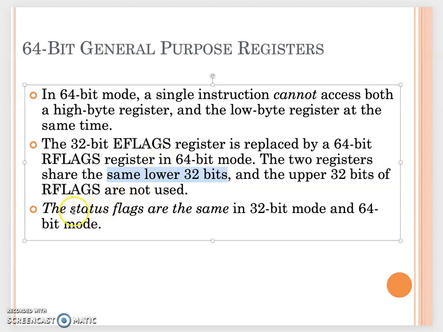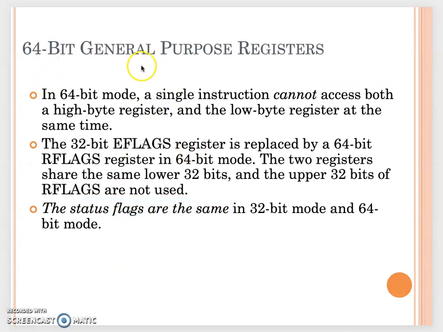So the status flags are basically exactly the same in the 32-bit mode and the 64-bit mode. Earlier when we introduced the carry flag, overflow flag, and sign flag, they are all the same in the 32-bit environment and the 64-bit environment. So that's the 64-bit environment.